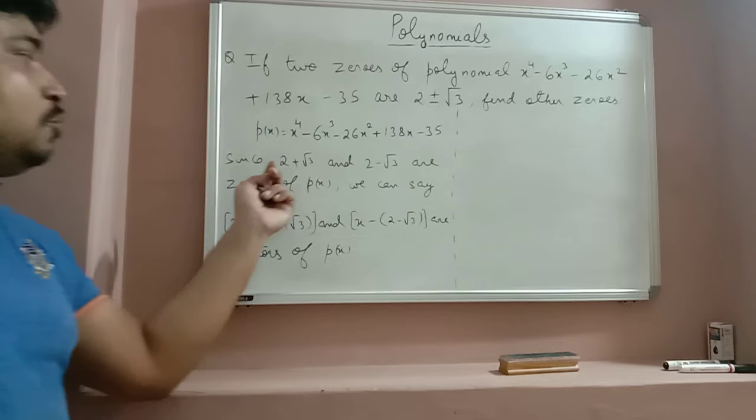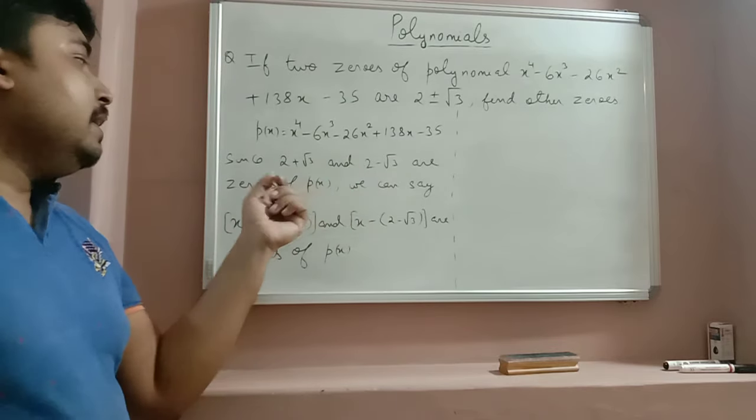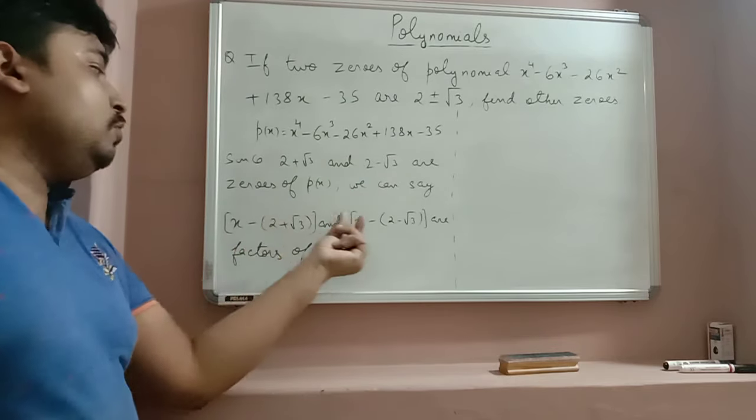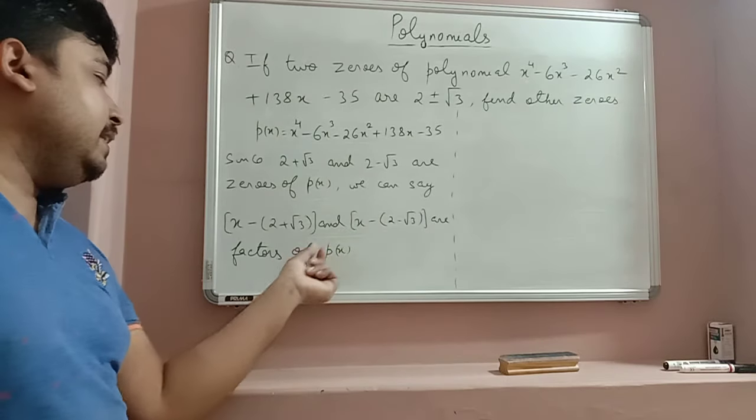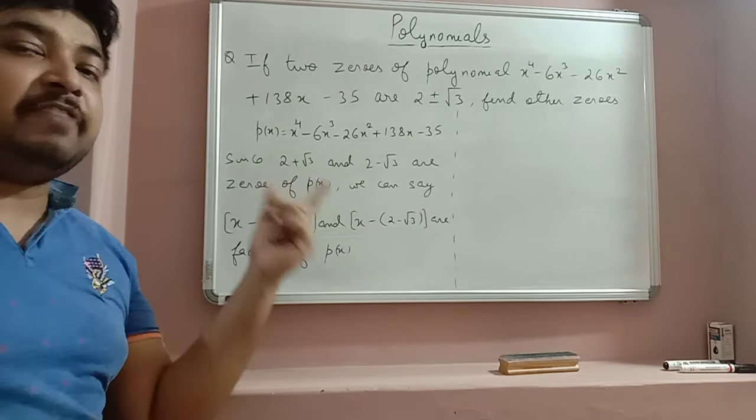So since these two are the zeros of the polynomial, x minus 2 plus root 3 and x minus 2 minus root 3 are the factors of p of x by using factor theorem.